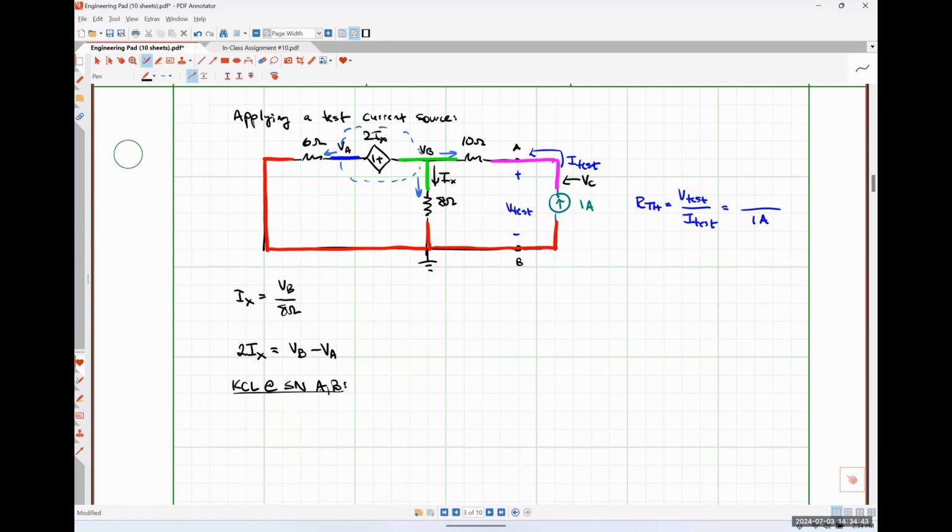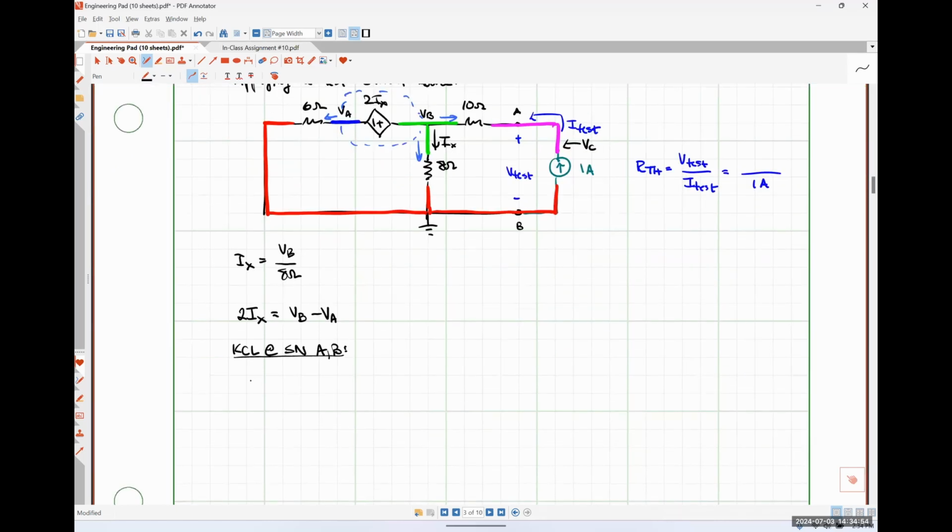I think it's been a moment since we've done nodal analysis, so could one of you help me out here? VA over 6 ohms. All right, so I agree with that. Plus VB over 10. Or VB minus VC.